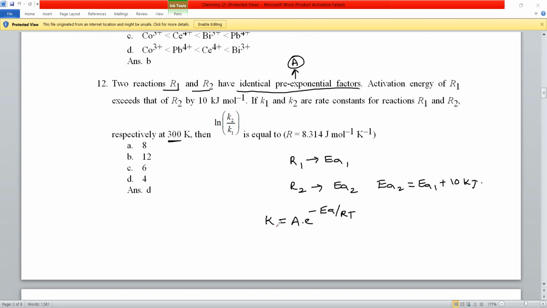This is K1 with EA1. Then next I'm taking K2 equal to A e power minus EA2 by RT. Since A is the pre-exponential constant, which they have told us is identical, we take K2 by K1.